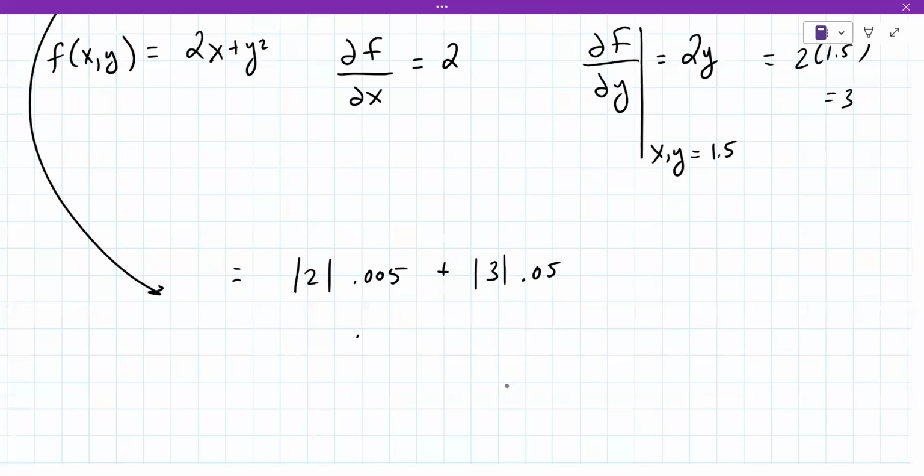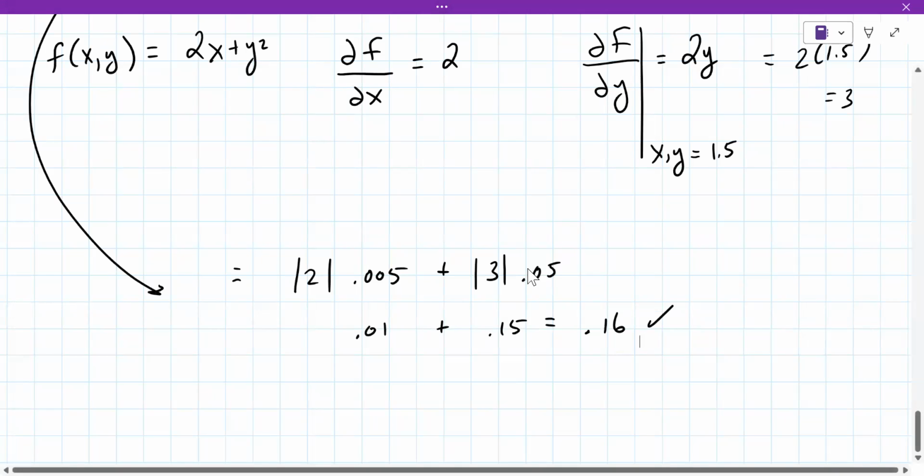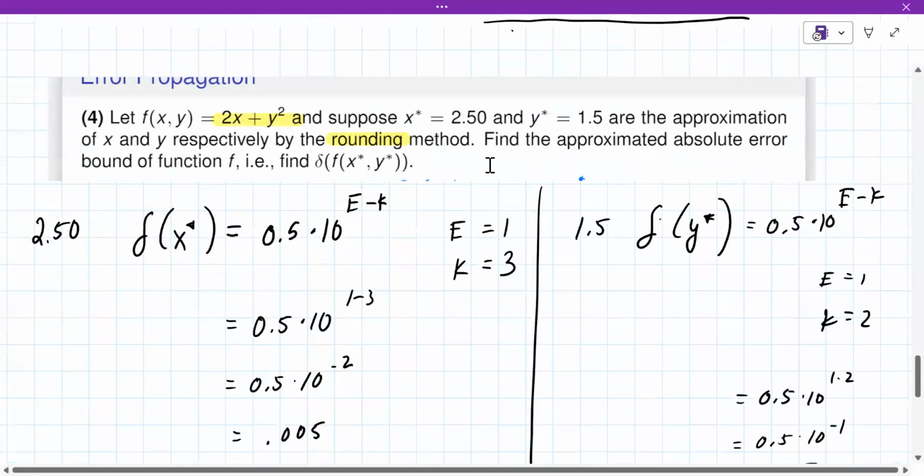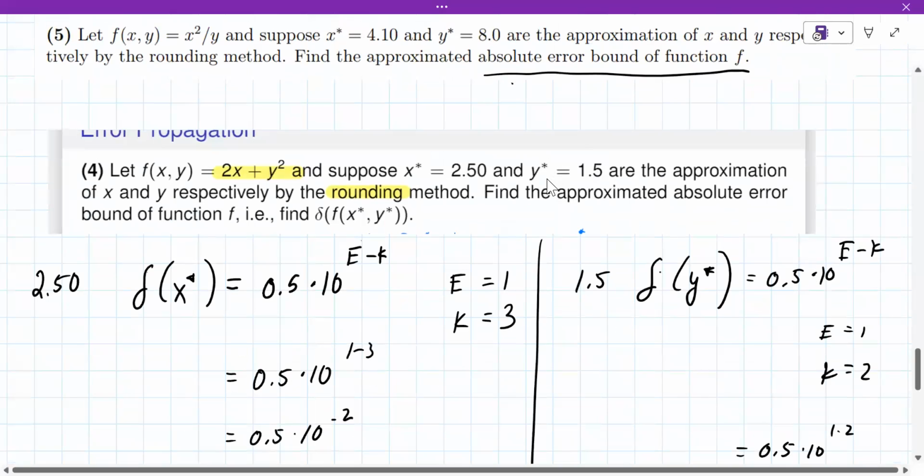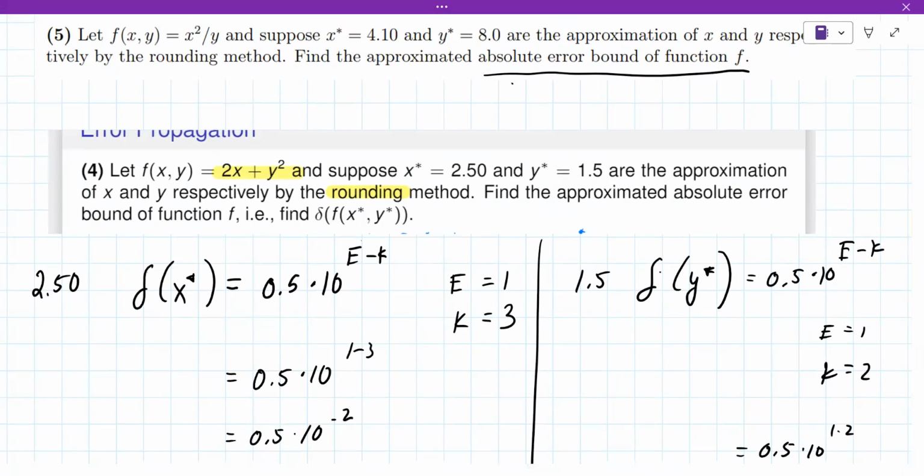So this is 0.01 plus 0.15, it's 0.16. And the 1.5, it's in the question, right? Yeah, they have to tell you that it's at 1.5. Okay. Makes sense.